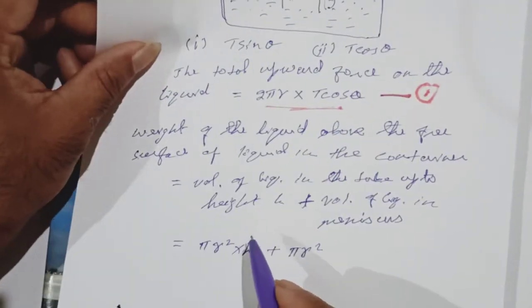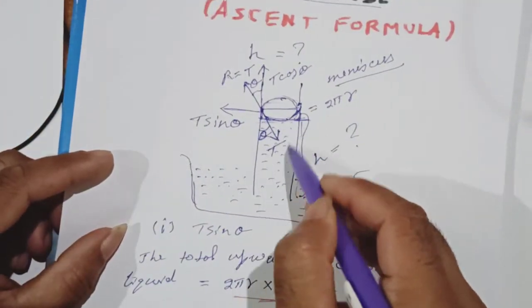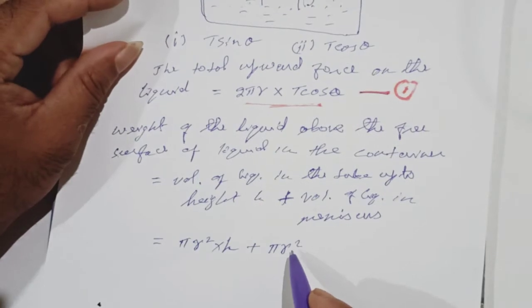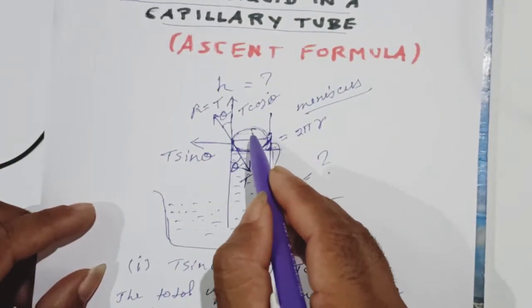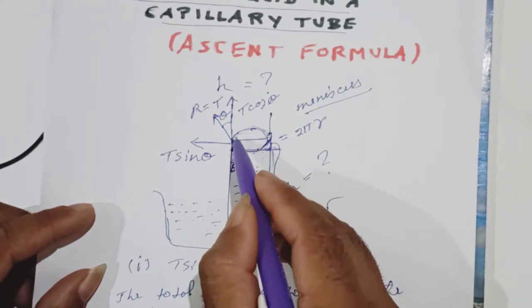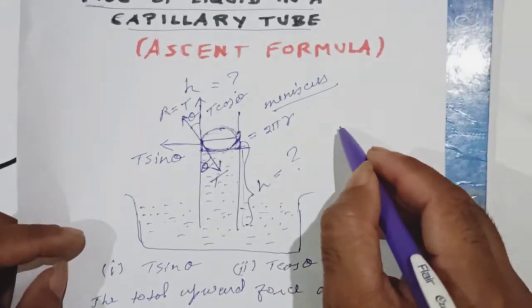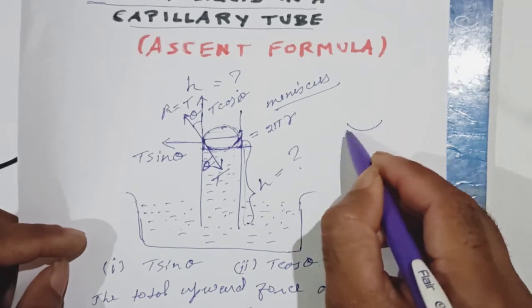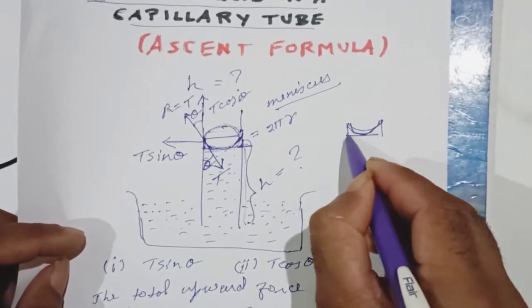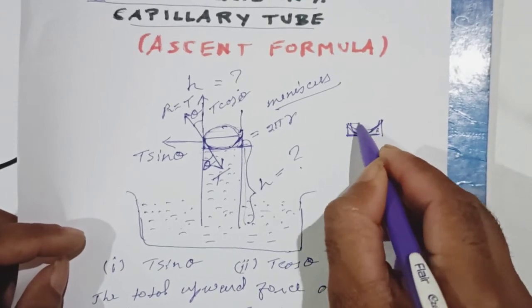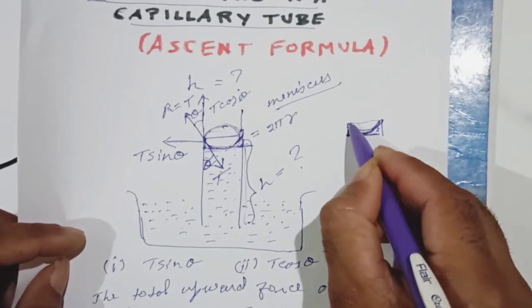This total volume of liquid in pi r square would be the whole volume, but we have to subtract this part. This is only the water part, not the whole, so we have to subtract this hemisphere.